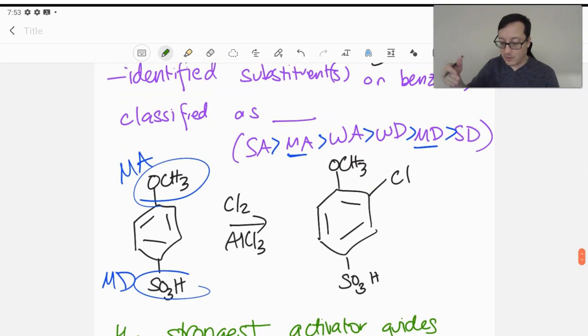So if you're stuck between a moderate deactivator and a strong deactivator, it's going to be meta to your moderate deactivator, right? Whatever that may happen to be. If you've got a weak activator and a strong deactivator, it's going to go ortho or para to your weak activator. Always look what's farthest to the left on this list of whatever substituents you may have.